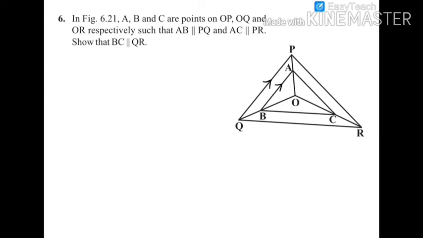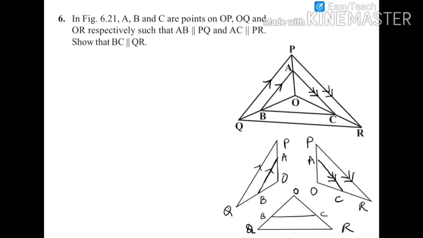AC is parallel to PR. Show that BC is parallel to QR. I have separated the three triangles in this figure: triangle POQ, triangle POR and triangle QOR.